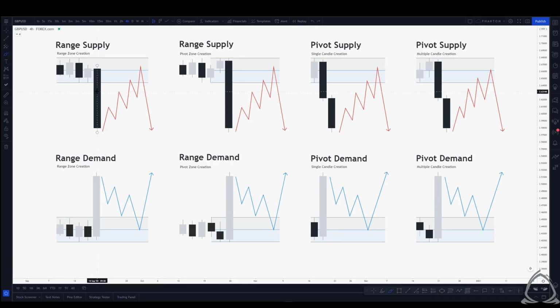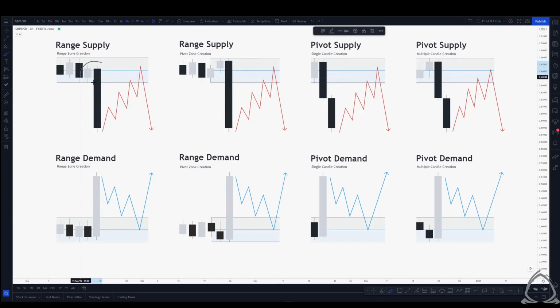We see it being created, and it's our job to map out the zone in which way that we feel is the most high probability for our trading style. So regardless if we're trading range-bound created supply and demand or pivot, we have the opportunity of drawing our supply zone using the entire range.